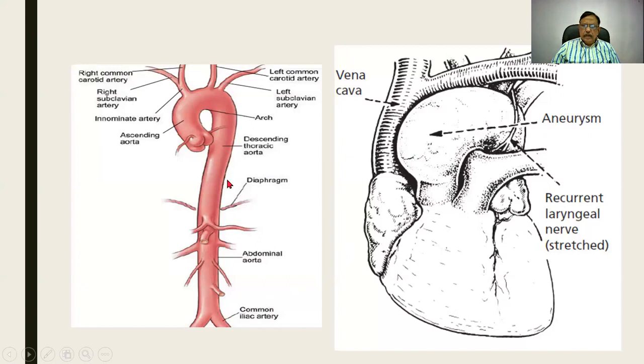A picture of the normal aorta over here. Syphilis, all of us know, is a venereal disease and it affects the genitalia. After which you find that there is a progression of the disease along the aorta. There are groups of lymph nodes called the para-aortic group of lymph nodes.